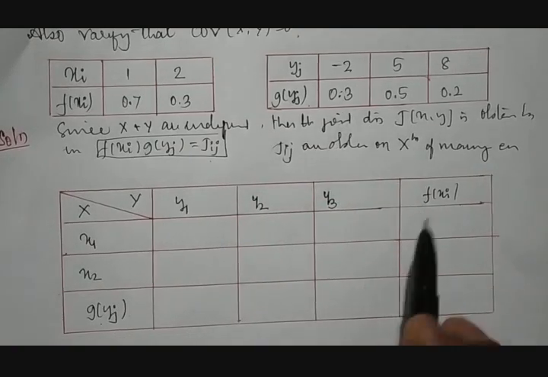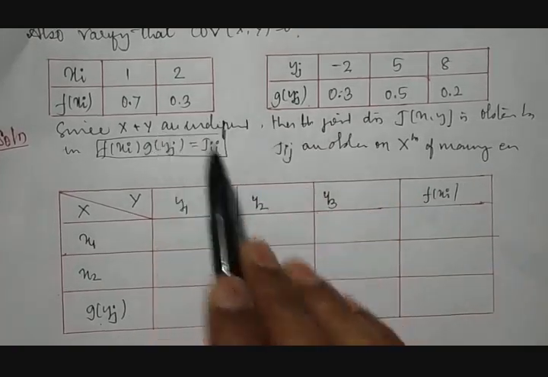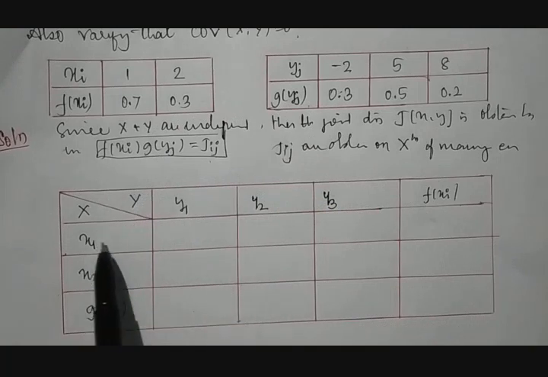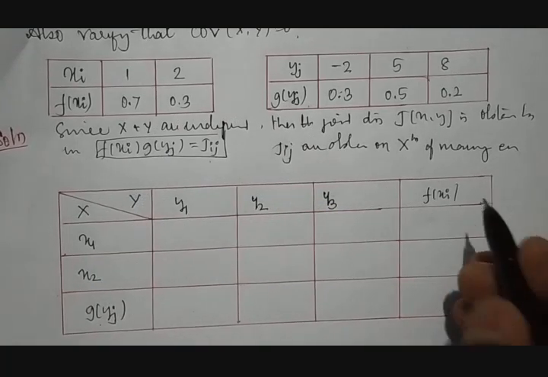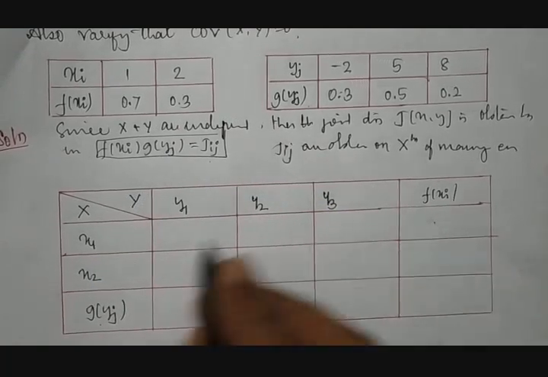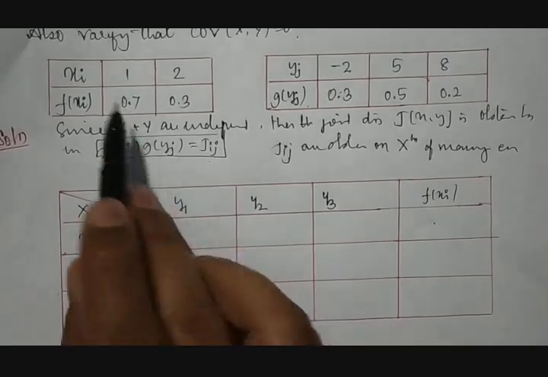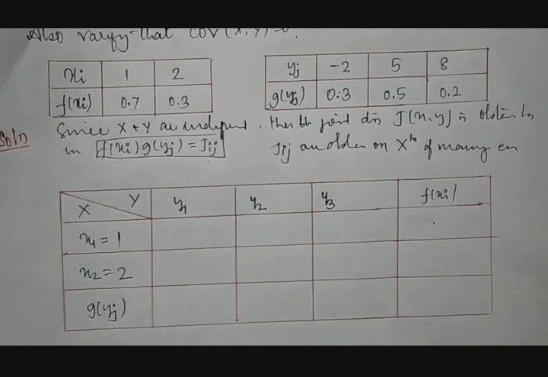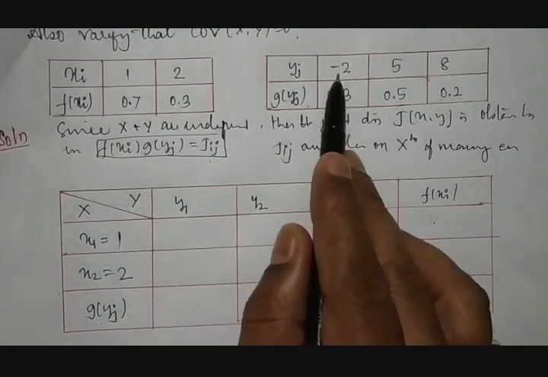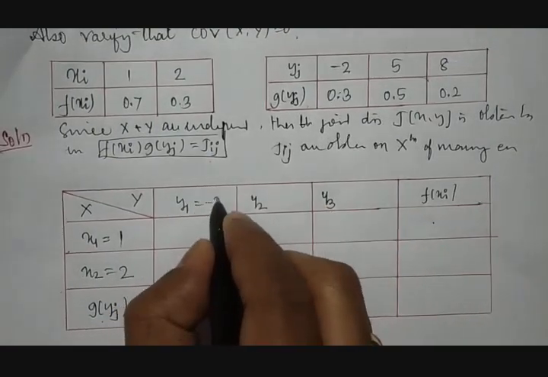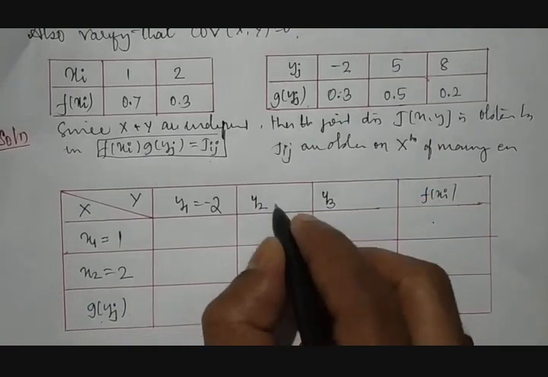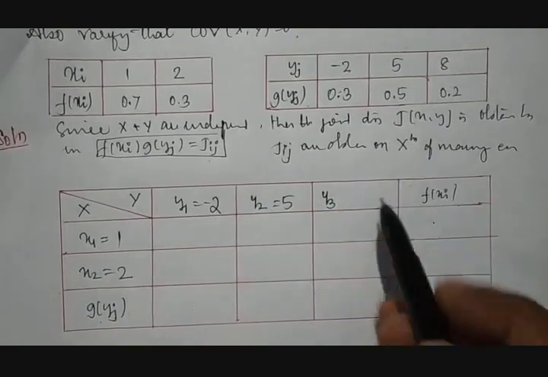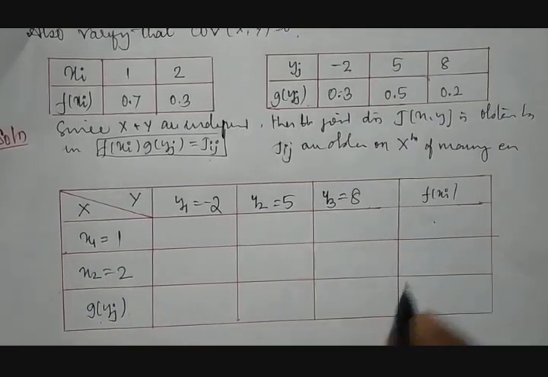Fine. But these entries are already given. We can see addition of all x entries, then f of xi will be, if you take x equal to what? 1 and 2. x1 is 1, x2 is 2. Then y1 will be minus 2, y2 will be 5, and y3 will be 8.